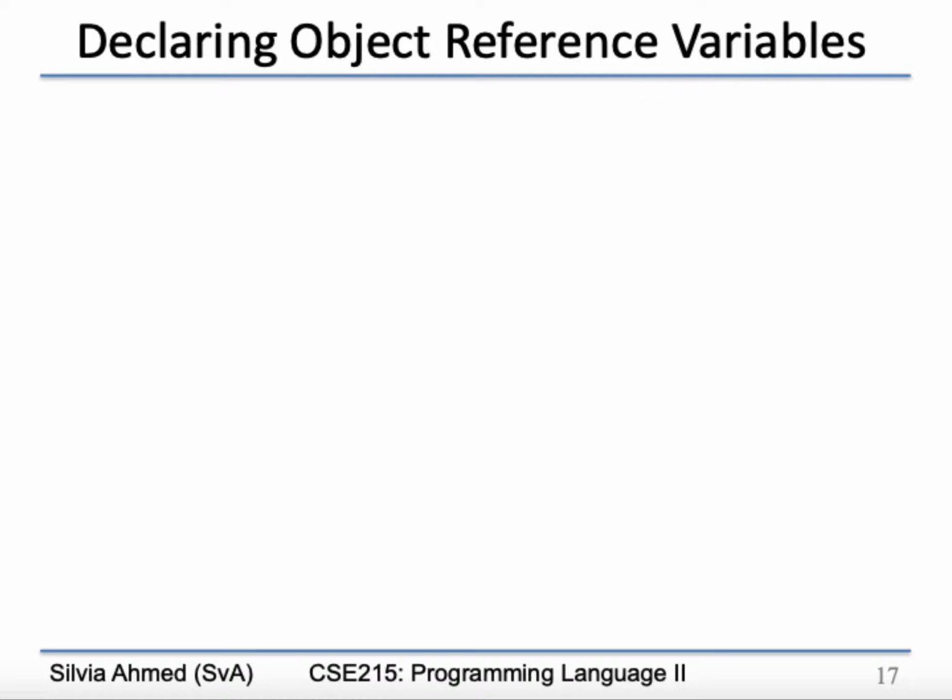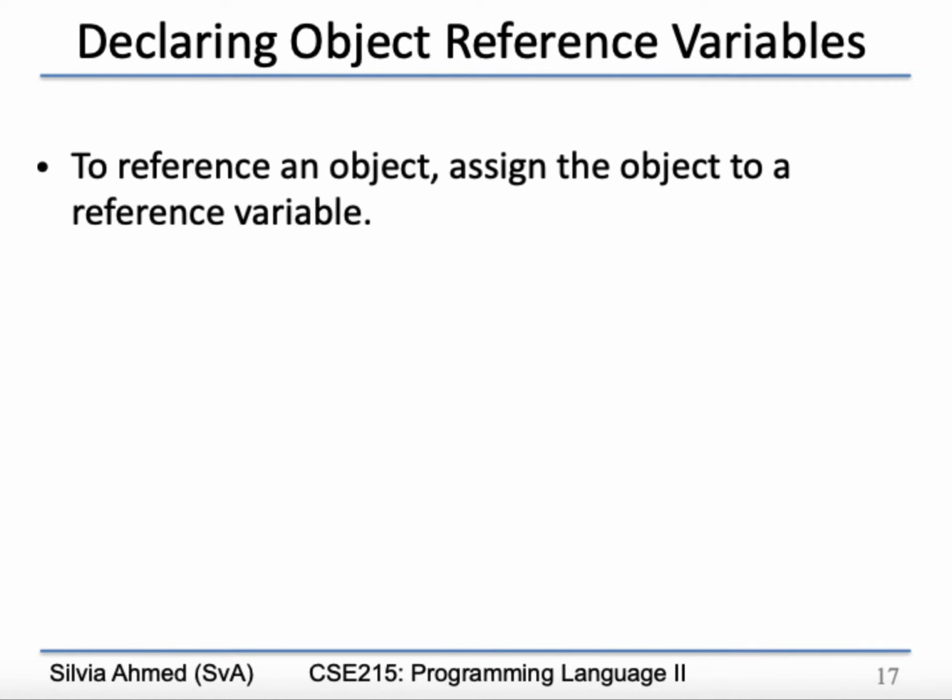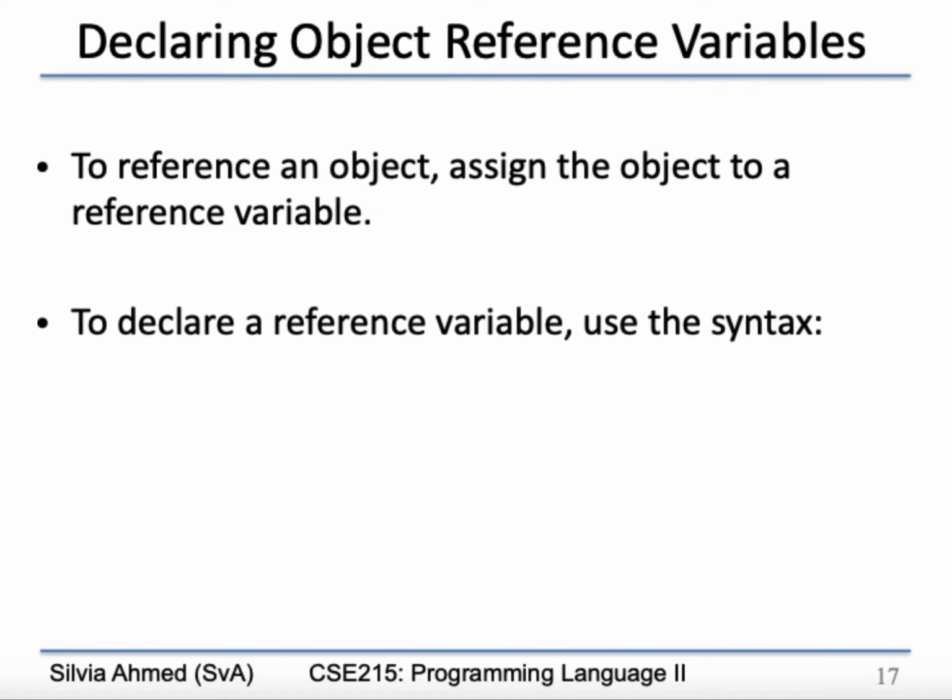This is the same as declaring any regular variable. To reference an object, we need to assign the object to a reference variable. To declare a reference variable, we use the syntax: first the class name and then the reference variable name. This is the same as our other variable declarations, because classes are also known as user-defined types.